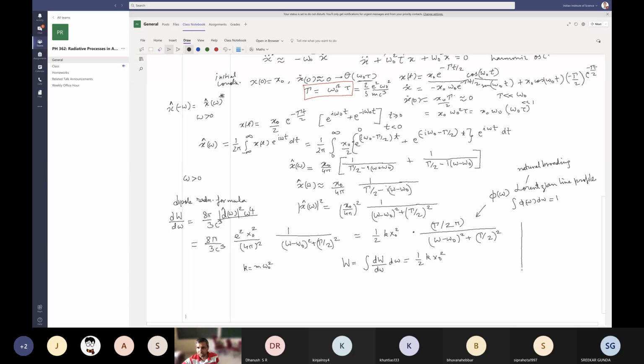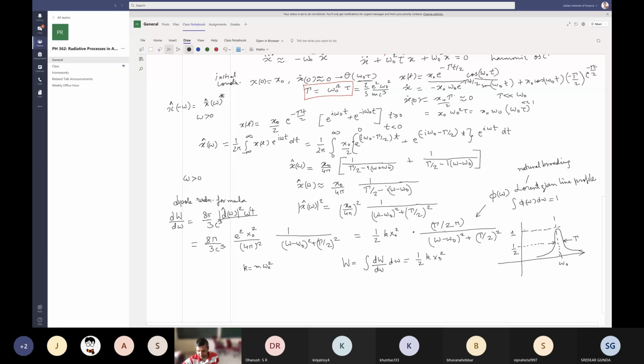So let me actually just draw it. You have the peak in this emission at omega naught, and it has a Lorentzian profile. The width of this profile is where it becomes half. So this is like 1, and where it becomes half of its peak value, the full width is equal to gamma.